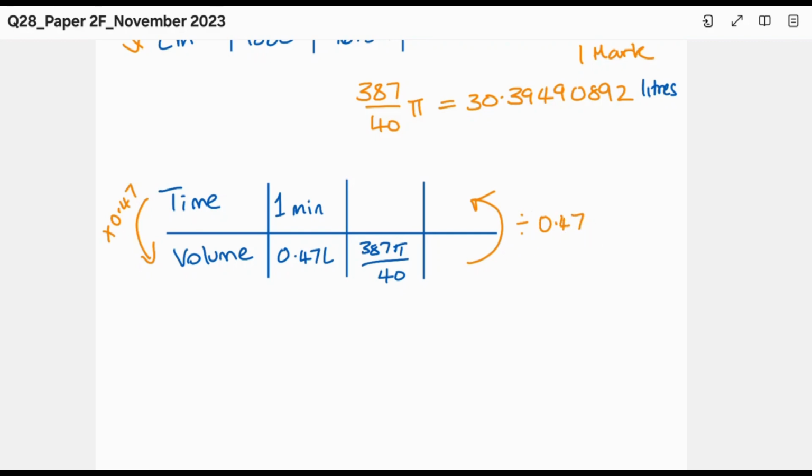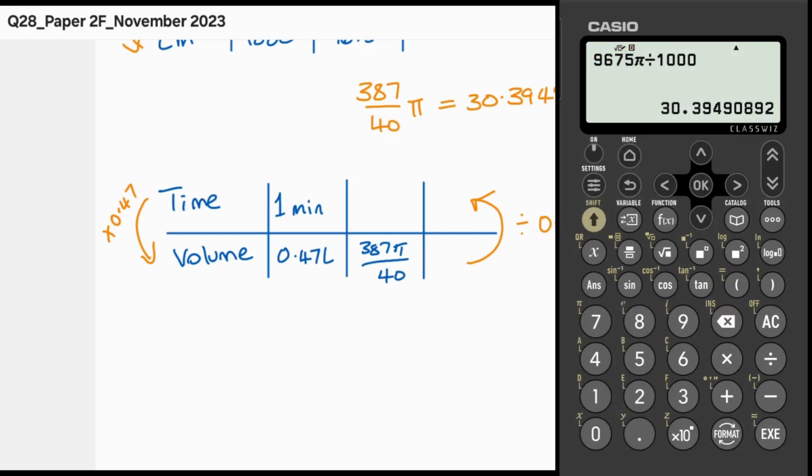So what I mean is that we're going to be dividing this number here, 387 pi over 40, by 0.47, right? I already have the decimal value on my calculator, which was 30.394908892. So I'm just going to carry on from there and do a divide by 0.47 and then execute.